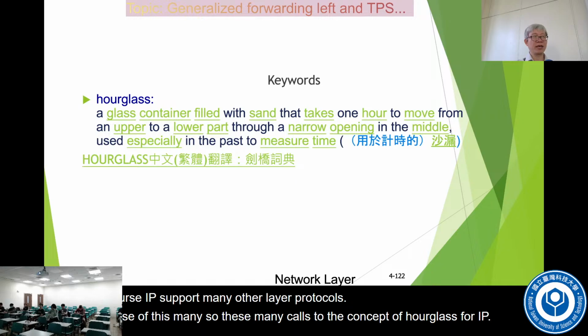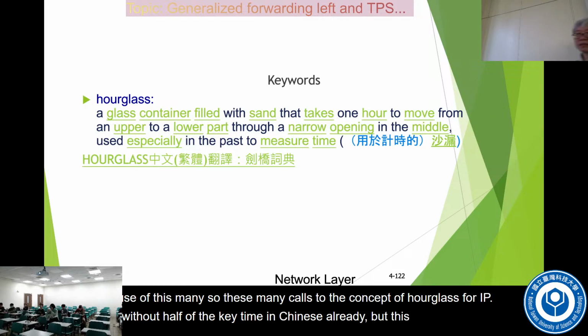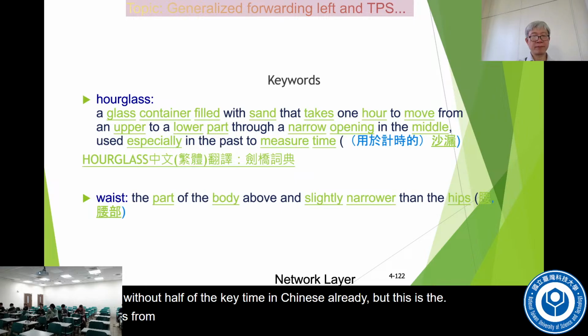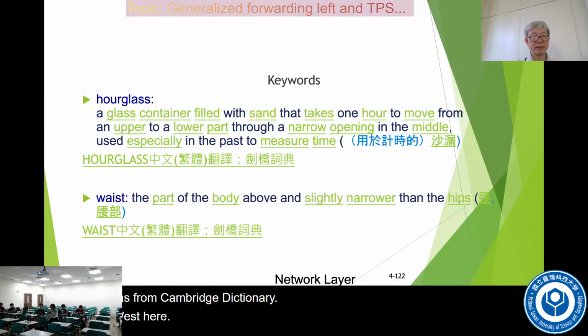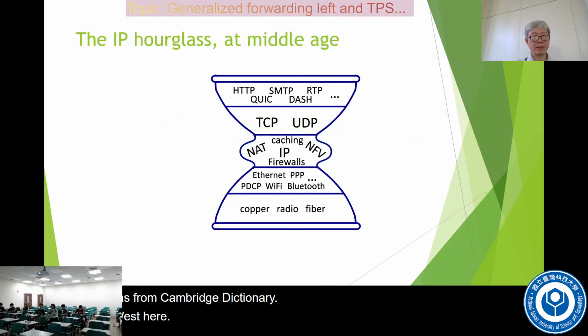Here, we already have the key term in Chinese, but these are the keywords from the Cambridge Dictionary. And waist here. And for the current discussion, we have middle boxes.